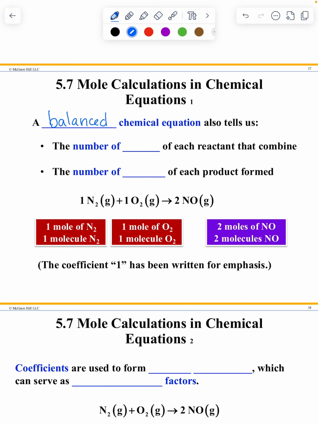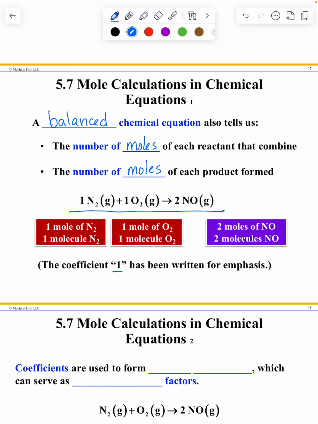Here we have a balanced equation, and we can see that 1 mole of nitrogen gas reacts with 1 mole of oxygen gas to produce 2 moles of nitrogen monoxide. Notice here they've written the coefficient of 1, but remember that when you're writing balanced equations, the 1 is understood, and you do not need to include that.